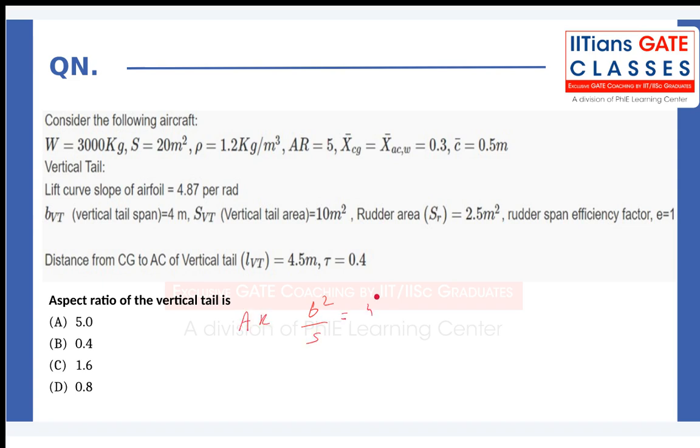You have 1.6. Okay, next question. Lift curve slope of the vertical tail in per radians.